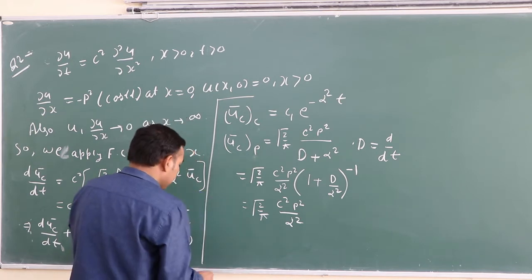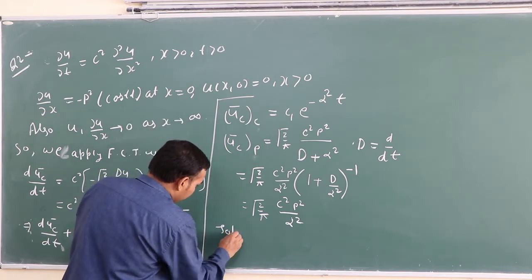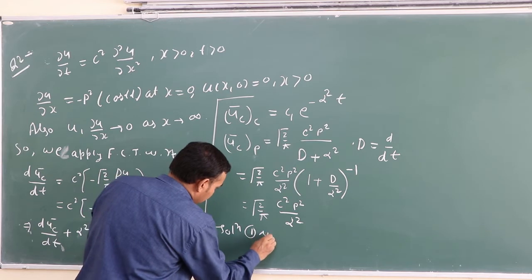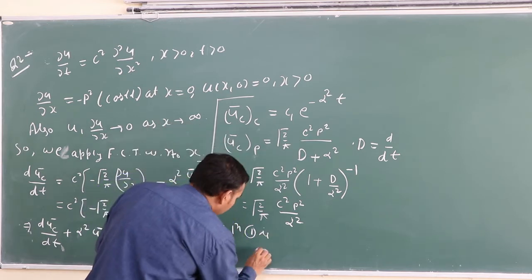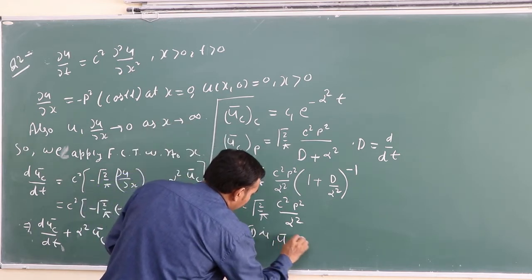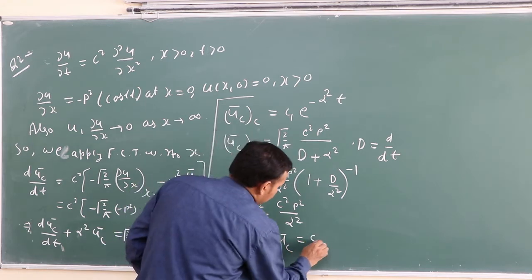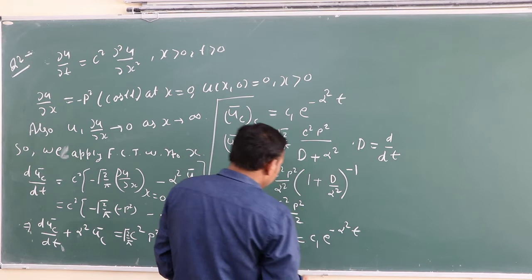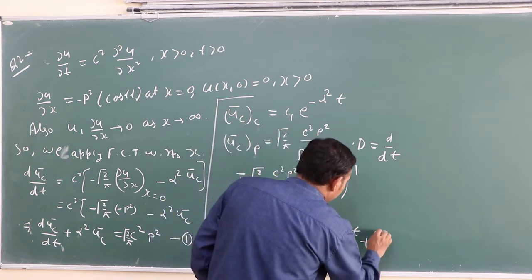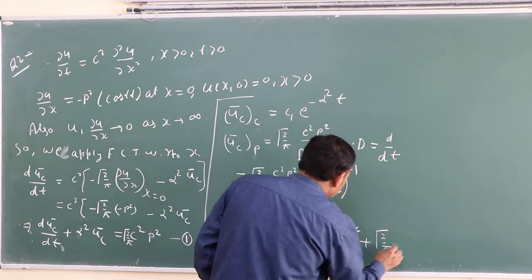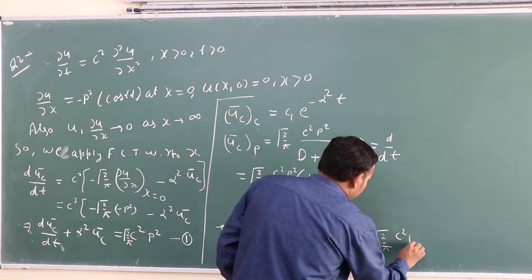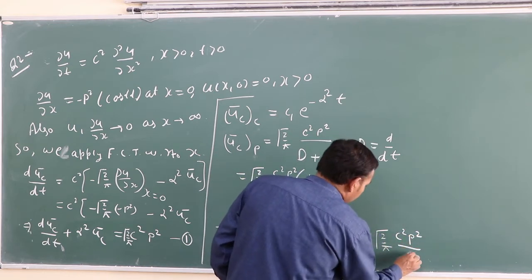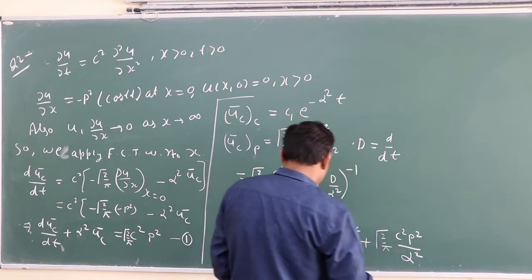So finally the solution of 1 is u_c bar equal to c1 e to the power minus alpha square c square t plus under root 2 upon pi p square upon alpha square.